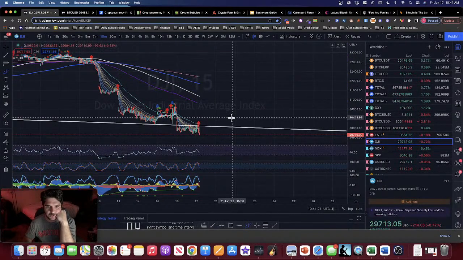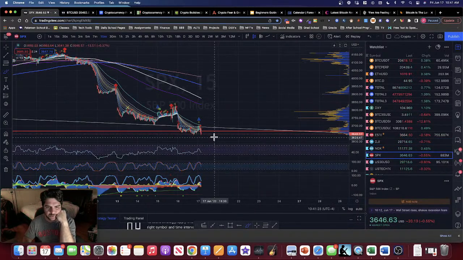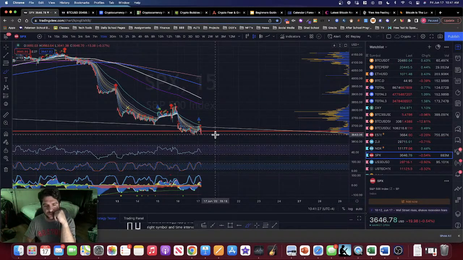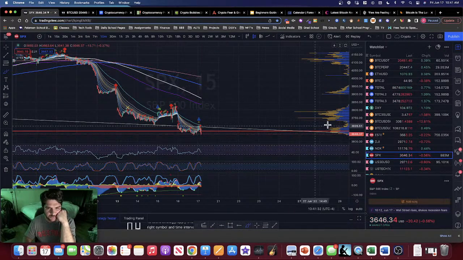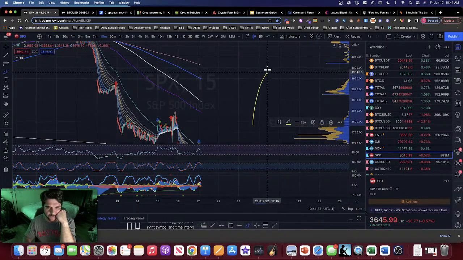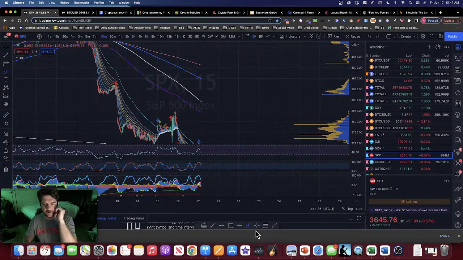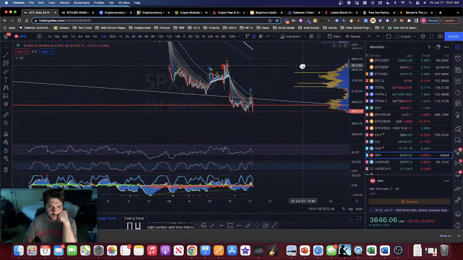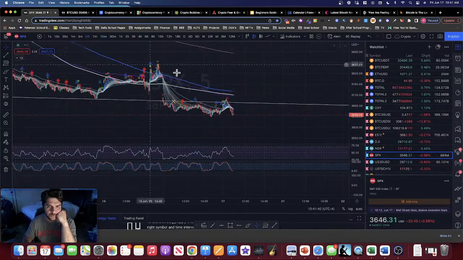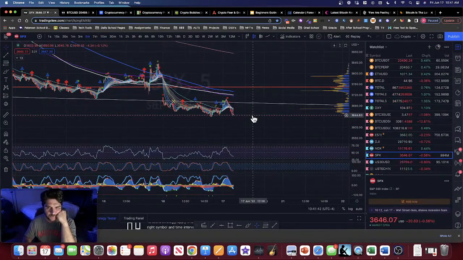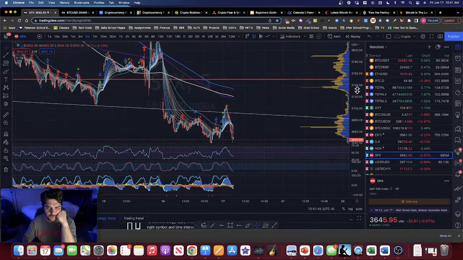But the Dow looks like hot garbage, and so does the S&P. Right now they are holding their lows from yesterday. Let's see if those lows break, that's where you're going to see the fireworks.